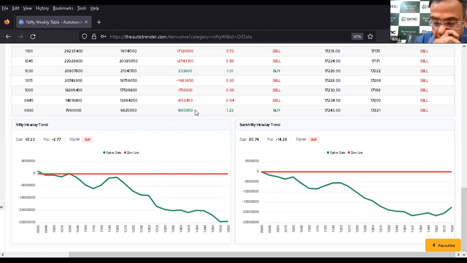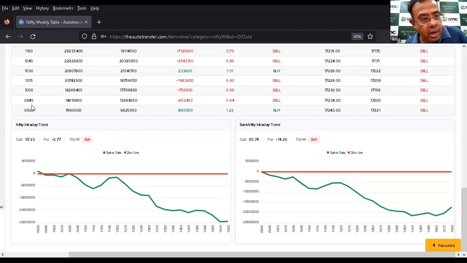And whenever the market is attempting to go in a sell direction or attempting to be weak, then obviously the fraction of put writing divided by call writing will be below 1.